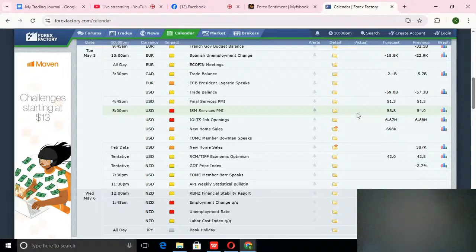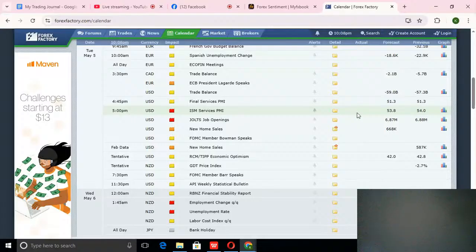Maybe a 54, a 55. I can expect something like that. If that is to happen, we are going to see the dollar being bullish. And if the dollar is bullish, things like gold, that is XAU USD, are going to sell. GBP USD is going to sell. Euro USD is going to sell, and the rest.